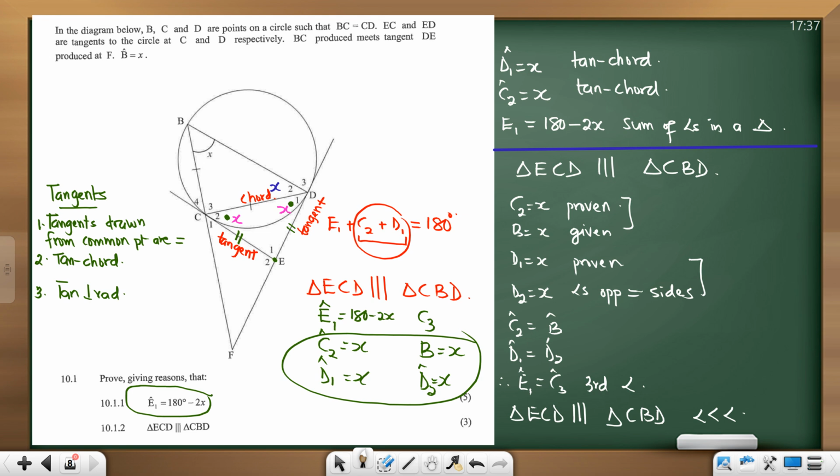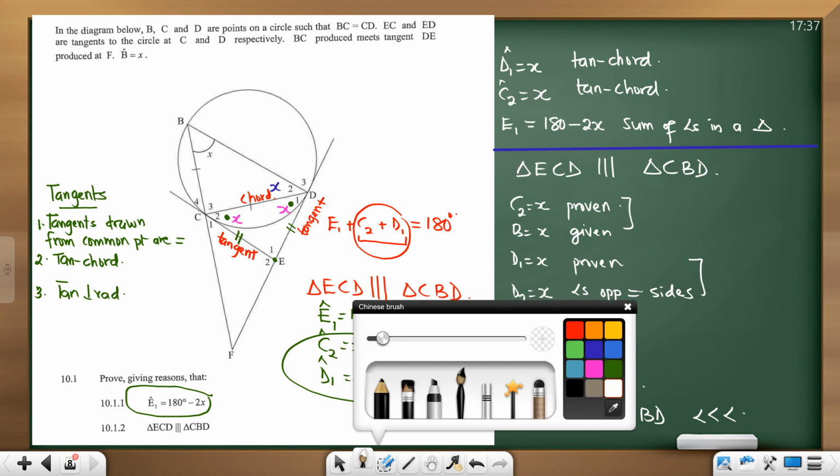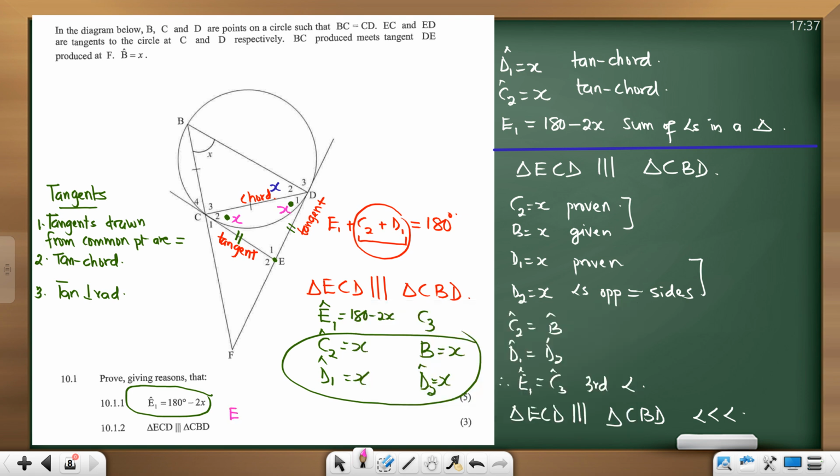Okay. And what did we say after this? You should write your ratio. So I'm going to write my ratio. EC. Can somebody continue for me? EC over CB equals to? Who wants to continue? Okay, Mohammed, go ahead. I see your mic off.